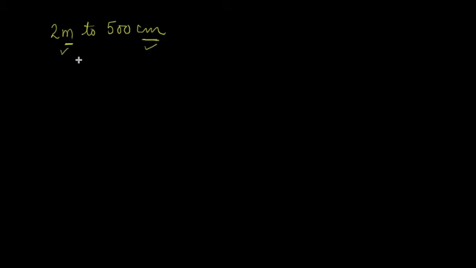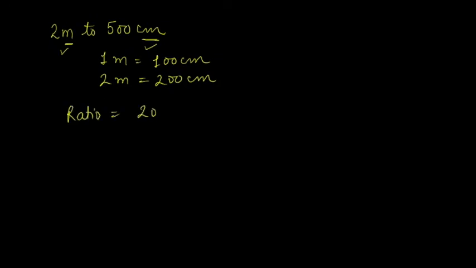That does not matter. Answer will come out same. So if I write 1 meter is 100 centimeters, therefore 2 meter will be 200 centimeters. Now 200 centimeters, so ratio will be how much? 200 is to 500, zeros cancel, so the ratio will be 2 is to 5. So it is important for the ratio that the unit should be the same.